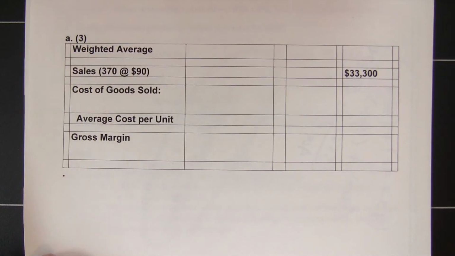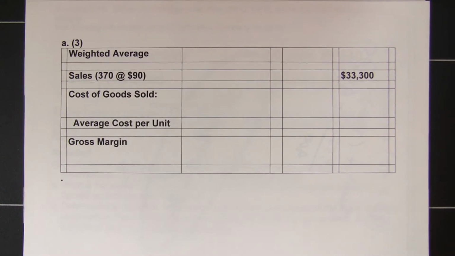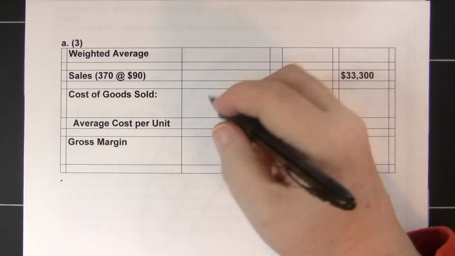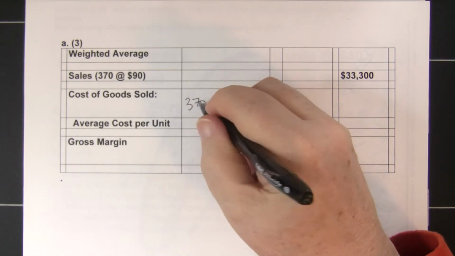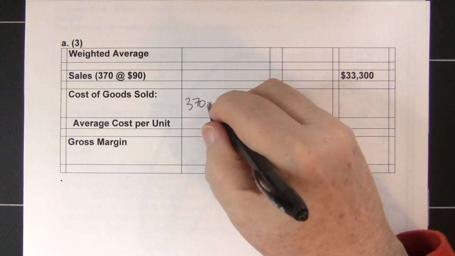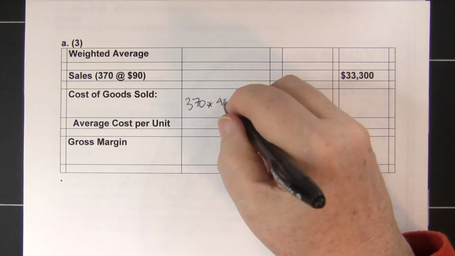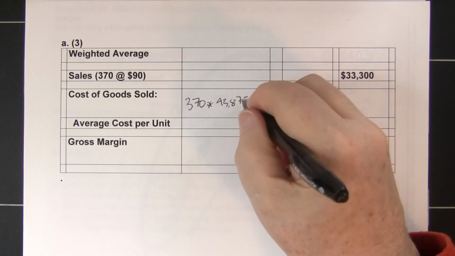So, under the weighted average, we pretend all the units cost us exactly the same thing. The units we sold and the units we kept cost us the same thing. So our cost of goods sold was 370 units times $43.875.